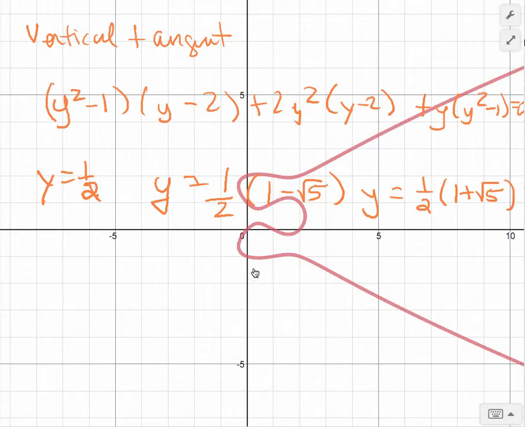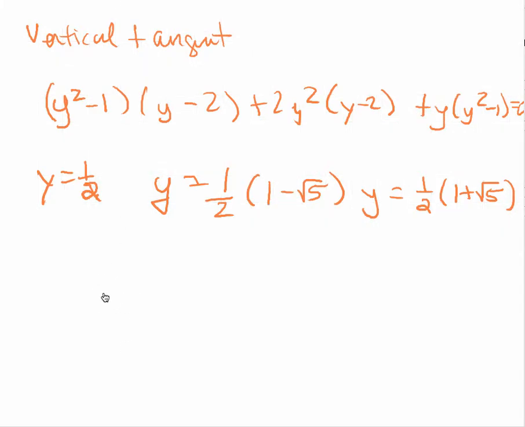But what are the x values that go with those things? Well, this is where the equation of the curve comes in. And so what we really need to do is sub in for y in the curve equation.